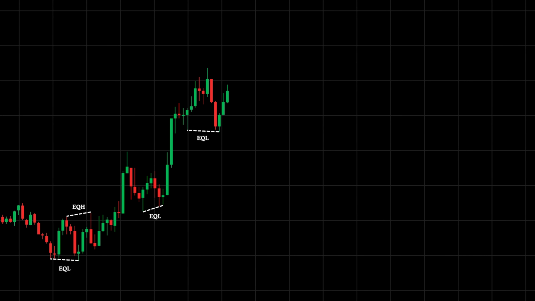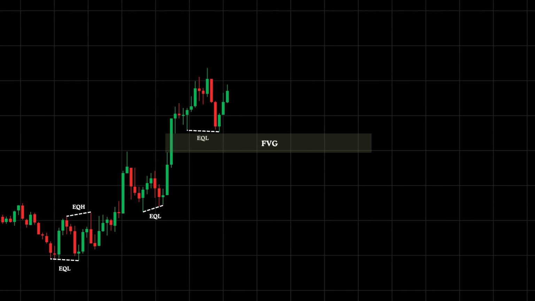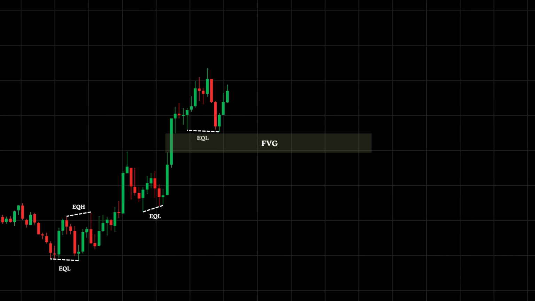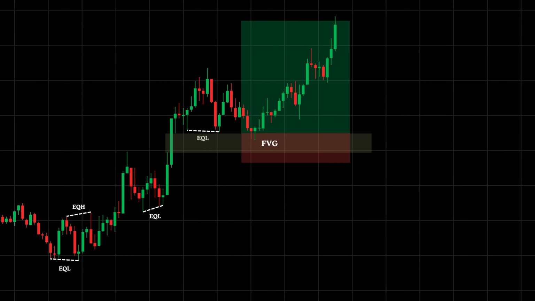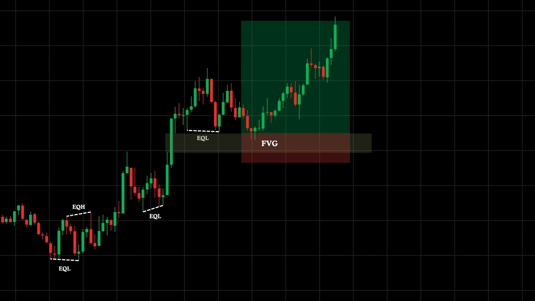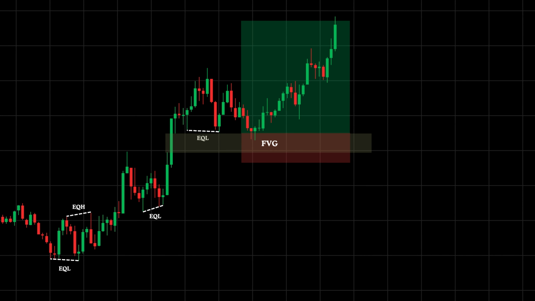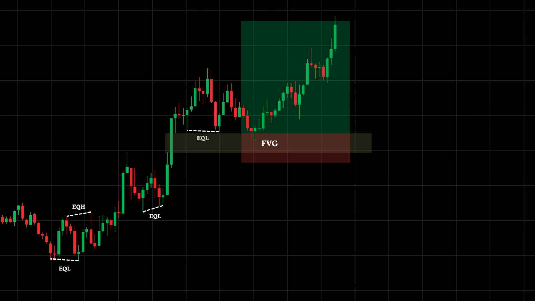We also make sure the fair value gap feature is active and then wait for all criteria of the strategy to align. A high probability bullish setup is seen when price clears liquidity beneath equal lows and sits directly above a bullish fair value gap. Similarly, a high probability bearish setup appears when price takes out liquidity above equal highs and then hovers below a bearish fair value gap. That concludes this breakdown.